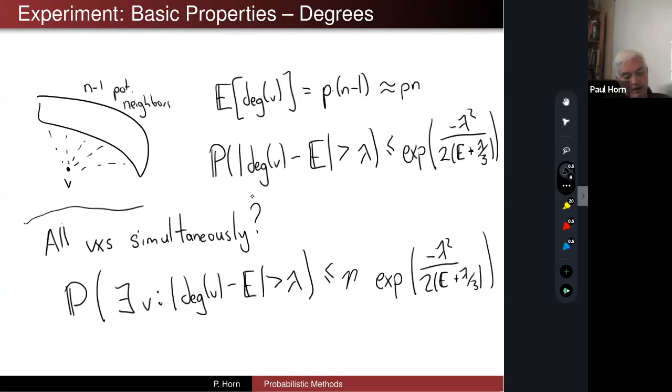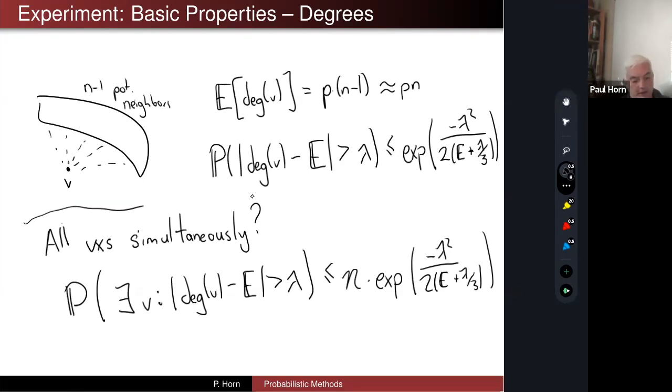And there are n different vertices that have a shot at having this kind of bad thing happen. So if I want to control all vertices at once, now I have to pick a good lambda to make this small.